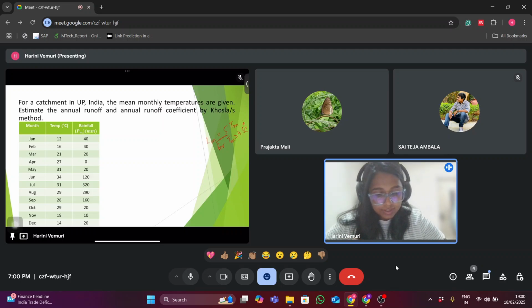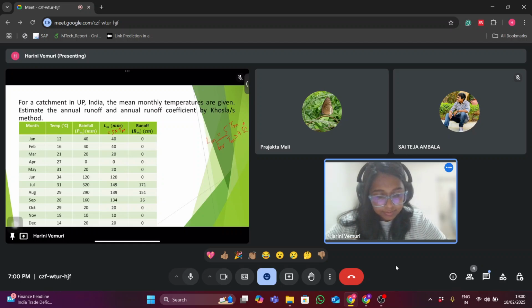So first the losses are estimated. Okay. This loss equal to 5 into Tm is calculated. So here in this case we have considered 4.8 into Tm and then calculated all this. And if I show for the first case, 5 into Tm, that is 5 into 12 is equal to 60.